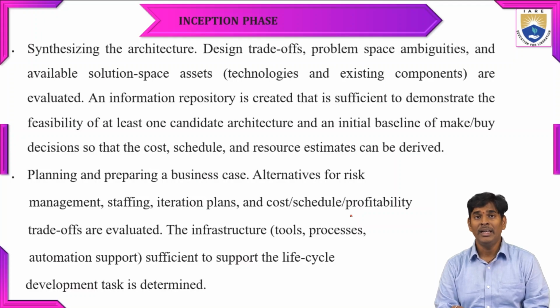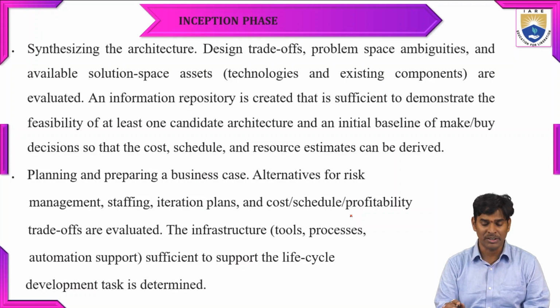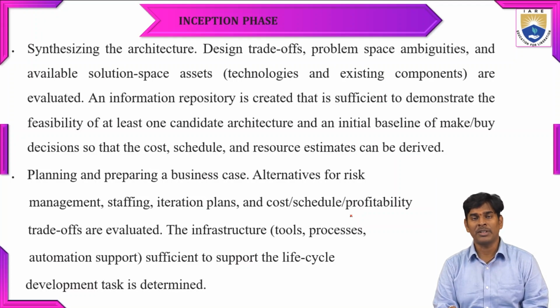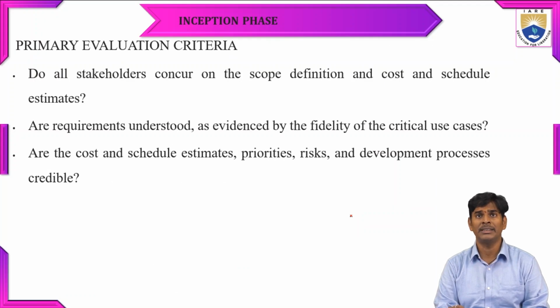Nowadays, instead of working manually, more than 80% are going for automation support, because automation support gives more quality, is schedule and cost effective, reduces the schedule, and is sufficient to support the life cycle development tasks. So that's why they mainly need to verify the infrastructure. Okay, what is the infrastructure? How can this infrastructure be used very efficiently during planning and preparing the business case here.